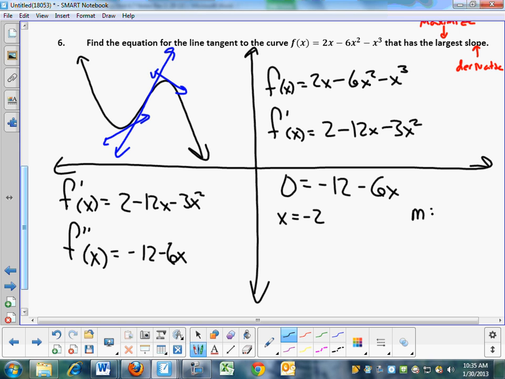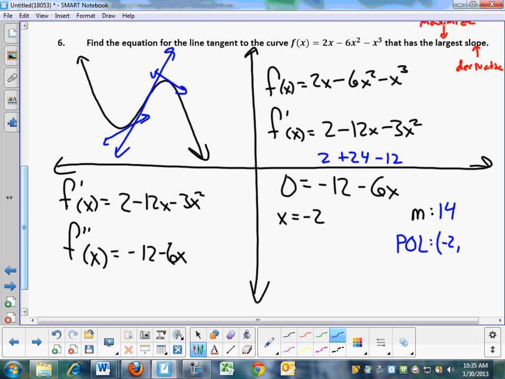Negative 2. And when we plug in negative 2, we get 2 plus 24 minus 12. 14 is the slope. I need a point on the line. What is my x value? Which one will I plug it into to find the y value?